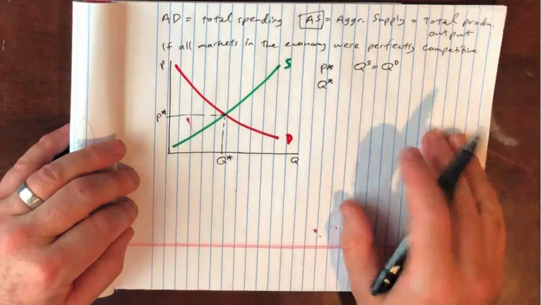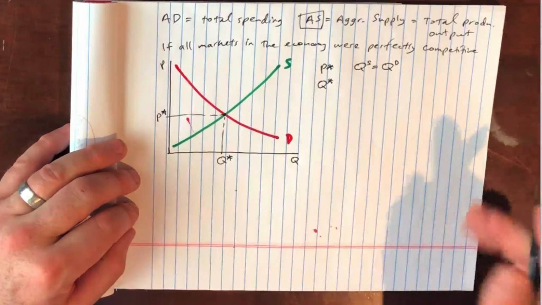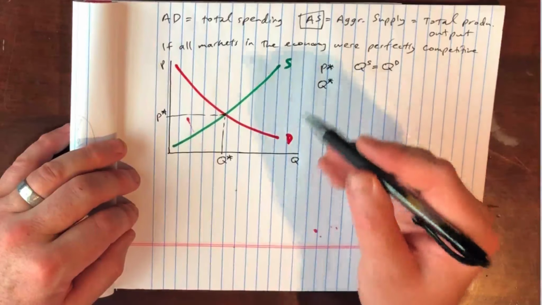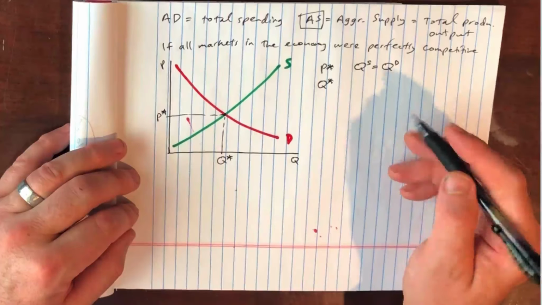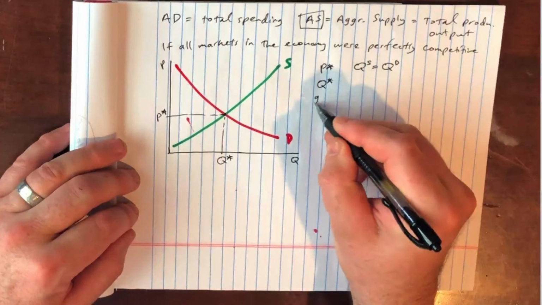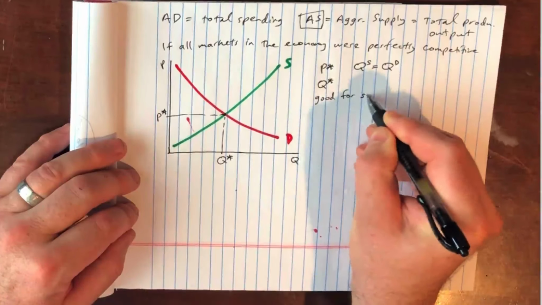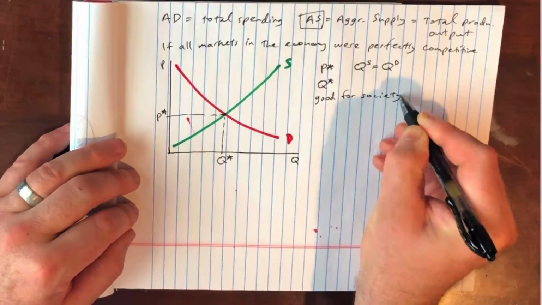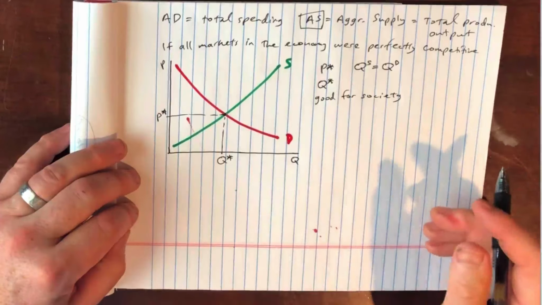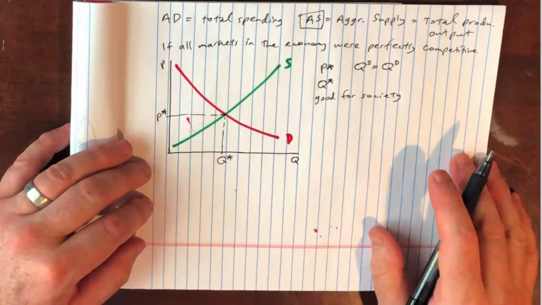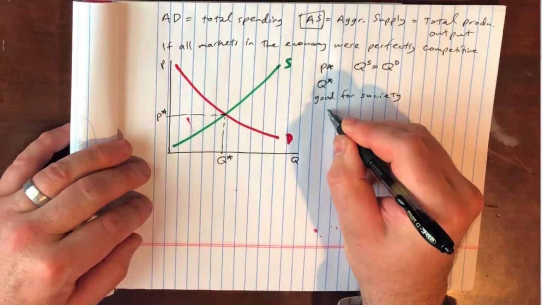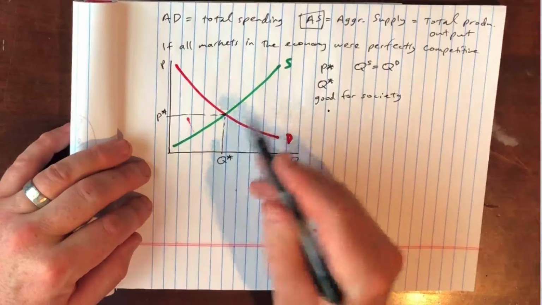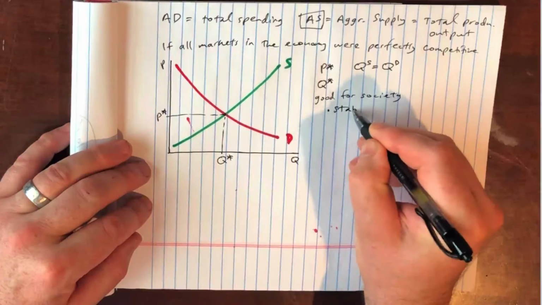Now, we've made the argument that this P star, this equilibrium price and quantity, is very good for society, for several different reasons. The argument is made that this is a stable equilibrium.